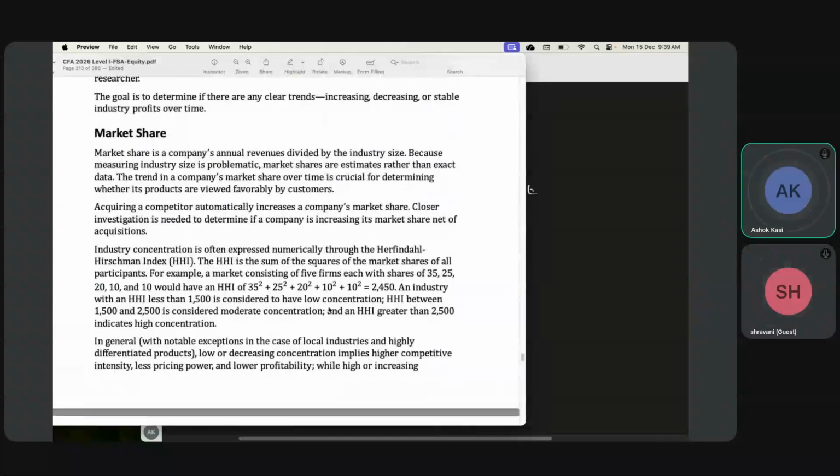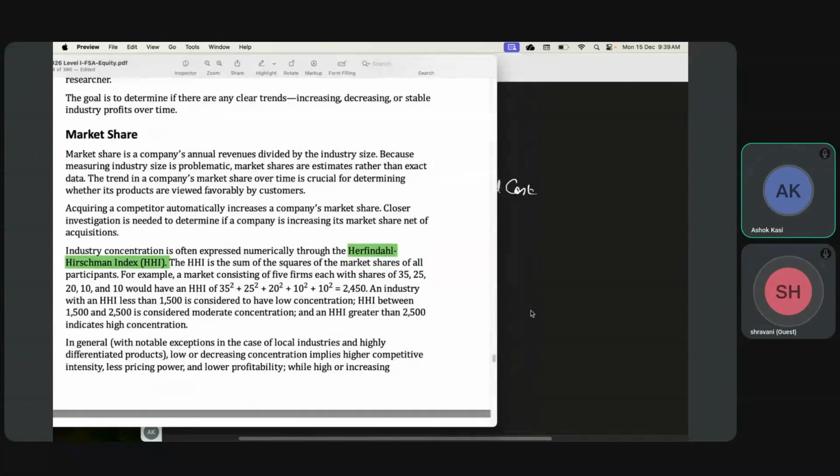Then yeah, this one, do you remember? This is the Herfindahl-Hirschman Index. This is used when a company is getting merged with another company. Let's say here they have mentioned a 5 firm HHI, a market consisting of top 5 companies.